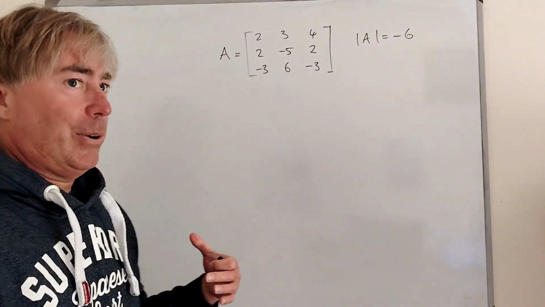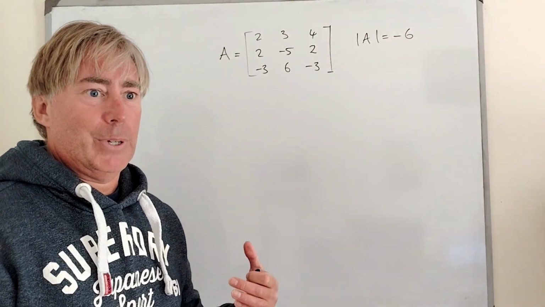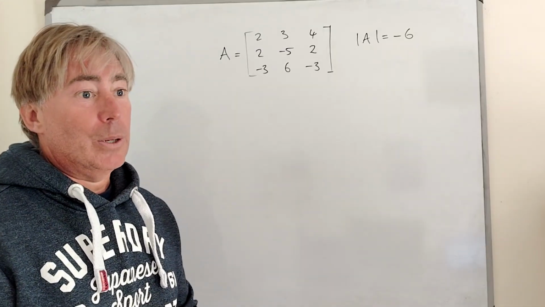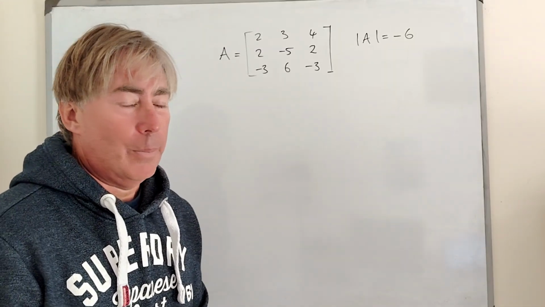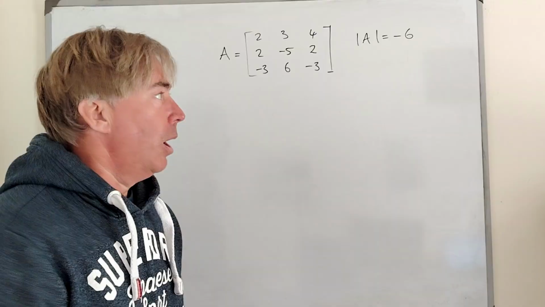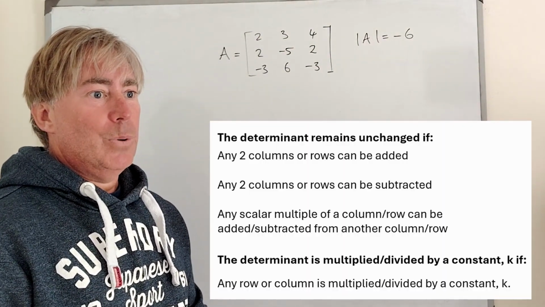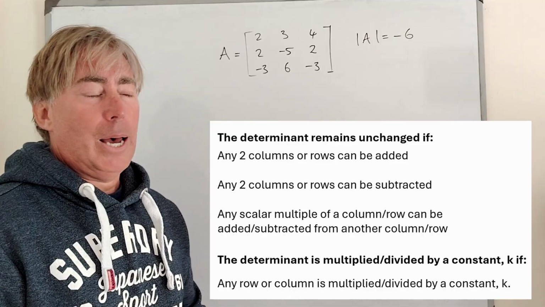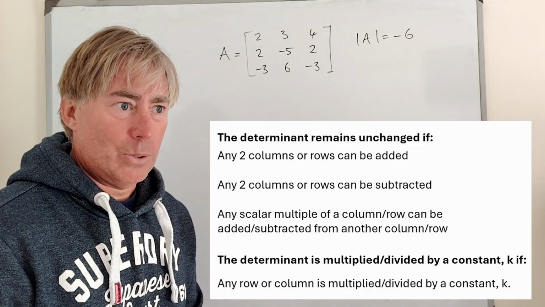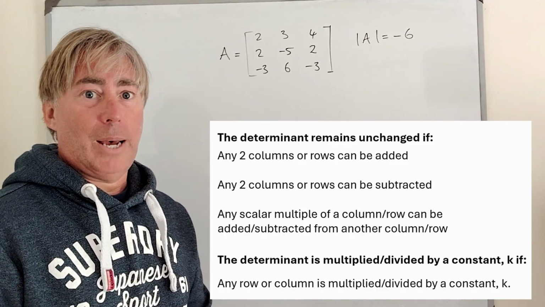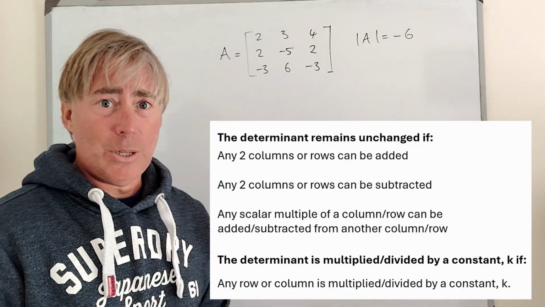I'm not going to calculate that in the previous way. I'm going to calculate it in a new way using what I would call rules of manipulation of matrices. So the rules are pretty straightforward. You can add any two columns or any two rows and the determinant remains unchanged.